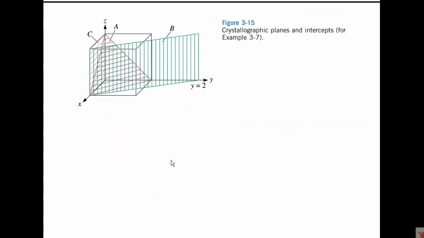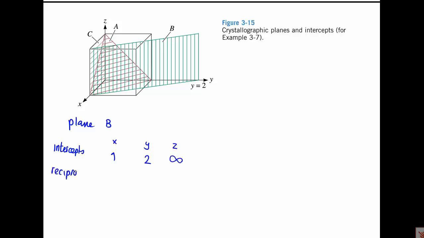Let's do some more examples here. Let's look at plane B. First, let's calculate the intercepts. The intercept on the x-axis is 1. The intercept on the y-axis, you see it will cut at y equals 2. And the intercept on the z-axis, well, it never will, because it's parallel to the z-axis, it will never meet it except at infinity.